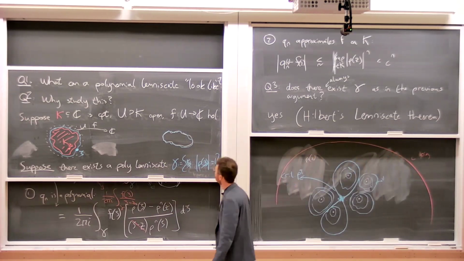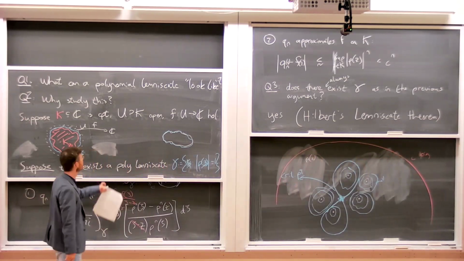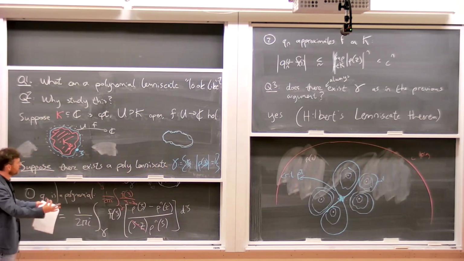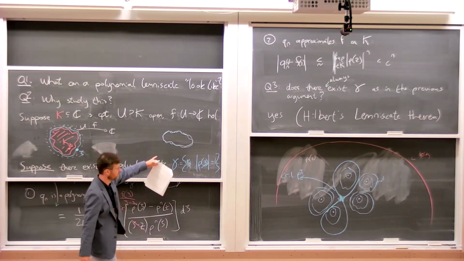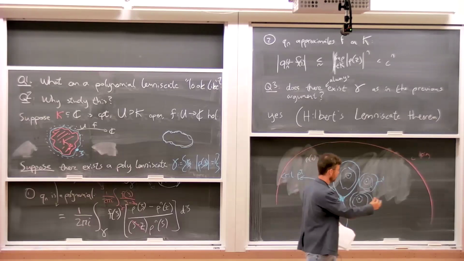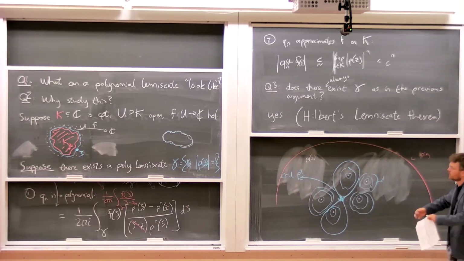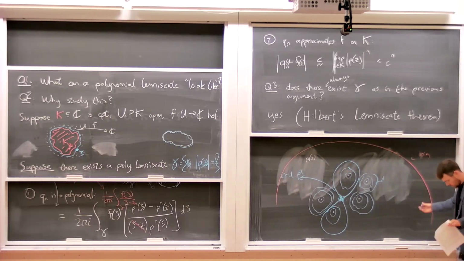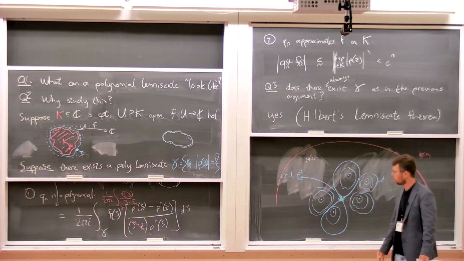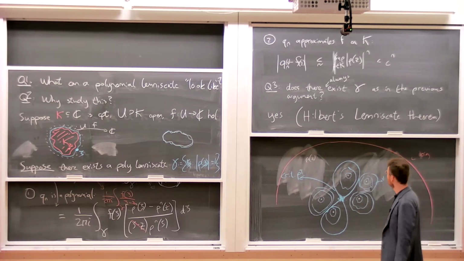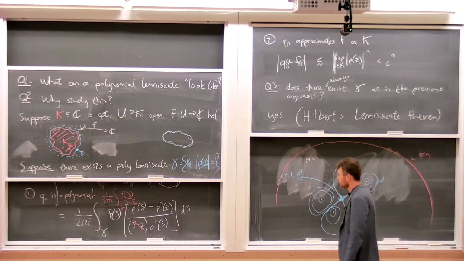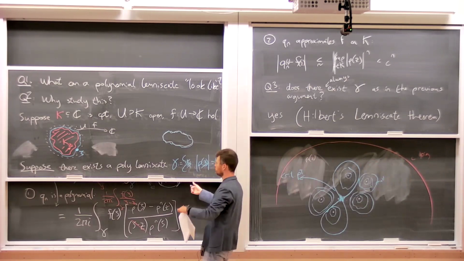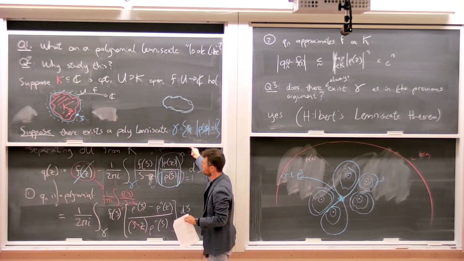So this hopefully explains our central question. Hilbert did the case of a single Jordan curve, but now suppose you have something more general, which has no topological obstructions to being a Lemniscate. Can you approximate it by an actual Lemniscate? And the answer is yes, and that's roughly a verbal description of our main theorem.